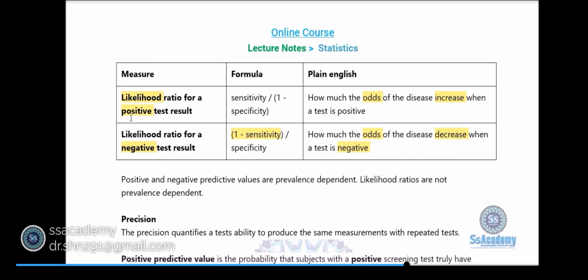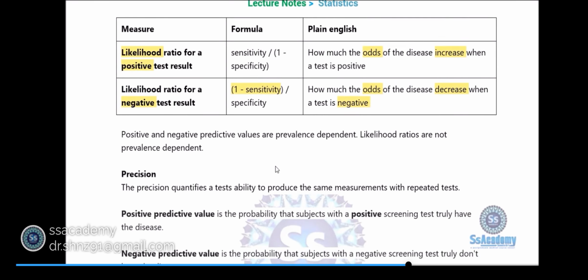So likelihood ratio means the odds. Just remember: if the test is positive, the odds of the disease increase. How much? Here is the likelihood ratio for a negative test result. If the test result is negative, the odds of the disease decrease.